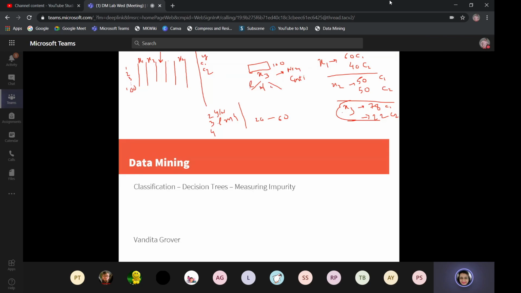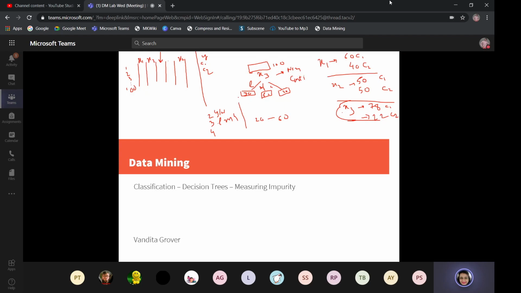So there will be some records which belong to low. Let's say the total number is 30. For medium, the total number is, let's say, 50. And for high, the total number is 20. So as you see, now records have been split.